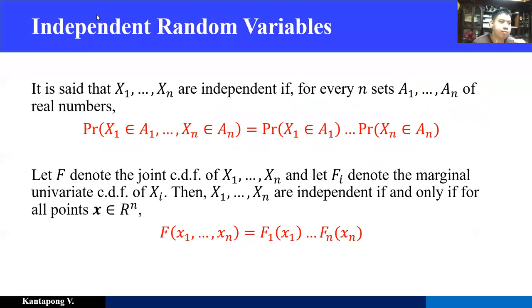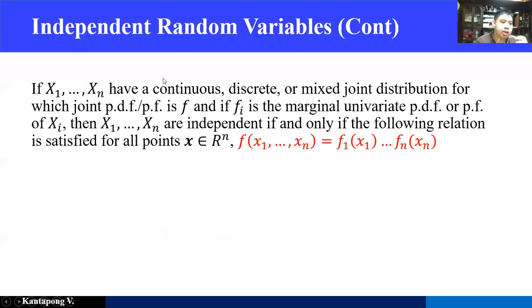So next, independent random variables. The concept is the same. If the variables are independent, that means we can multiply these blocks together. And the special case is the big F, the same logic. And then if big F holds, small f holds. It is very similar to the last problem.